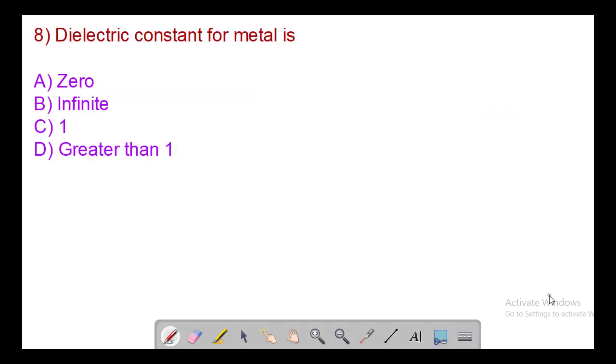Next is question number 8, the last for this session. Dielectric constant for metal is 0, infinite, 1, greater than 1. Now the least value of the dielectric constant K is for air or vacuum, which is equal to 1, and as the medium becomes denser, the value of K increases.